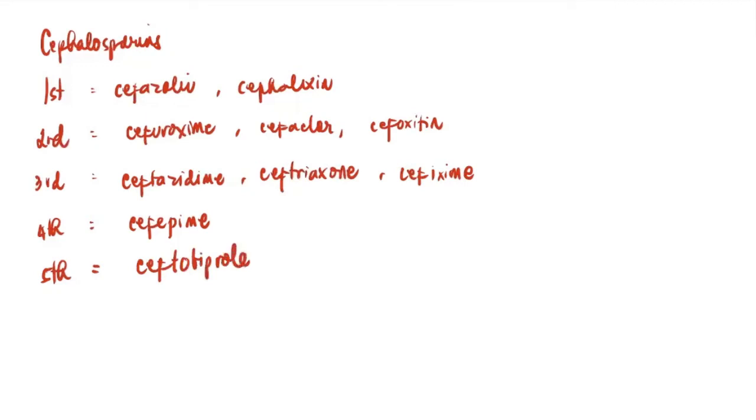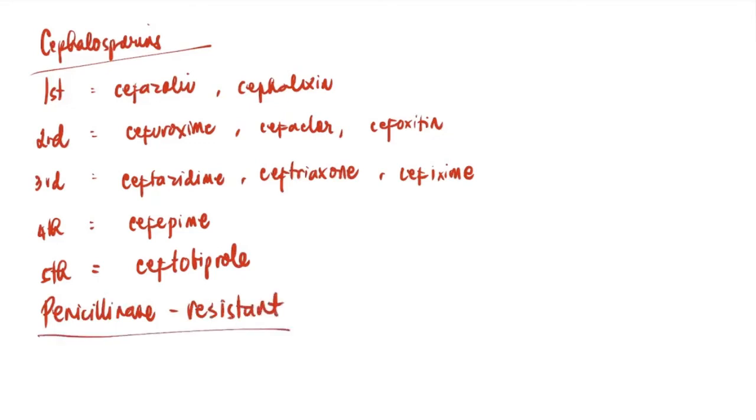Okay. Also, I would like you to take note of the types of penicillins that are used for penicillinase resistant organisms. So, penicillinase resistant na mga penicillin. That means if the organism is a penicillinase producing organism, these are the type of penicillins na binibigay sa kanila.